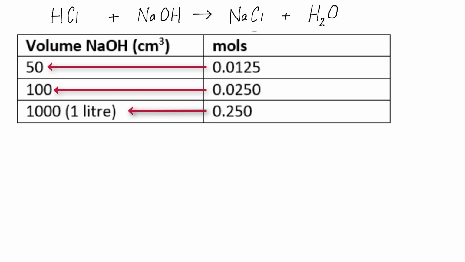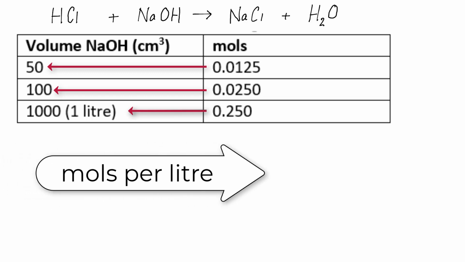Not moles in 25 cubic centimetres or moles in 50 cubic centimetres, but you need to express that as moles per litre. When you state the concentration of an acid or an alkali, you express it as moles per litre, and that's what we're doing here.